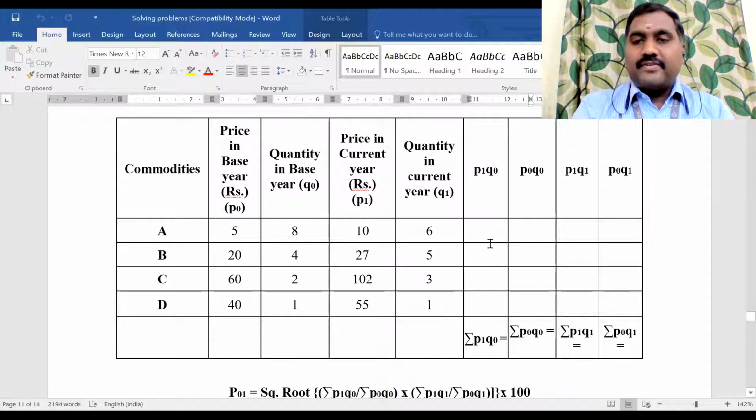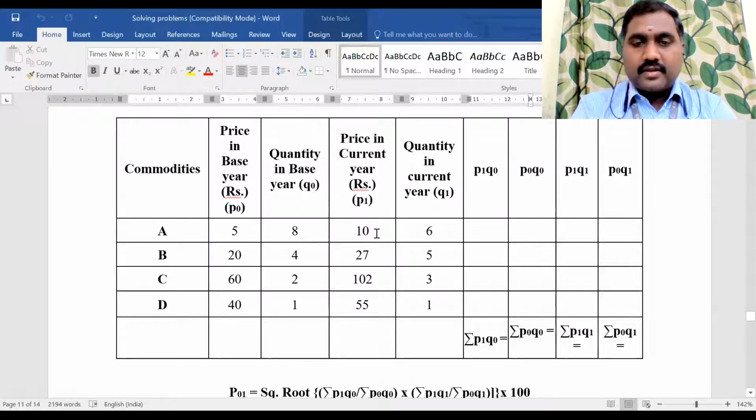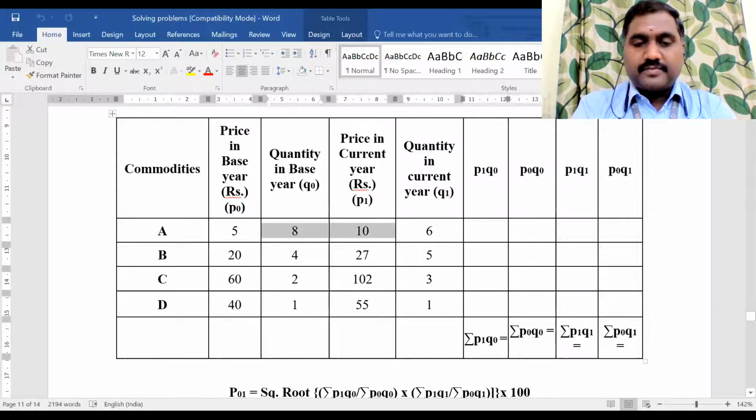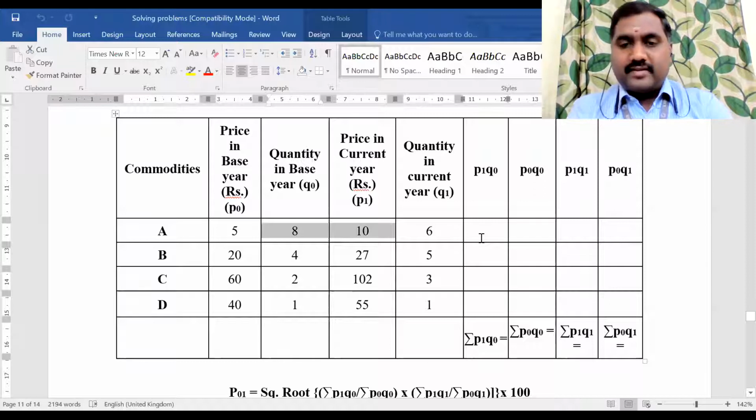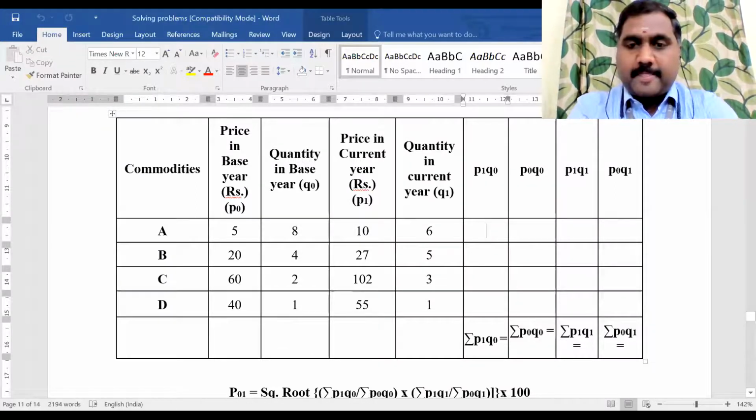Now first, what we have to find out is P1 Q0, right? So what is P1 Q0? See, this is P1, this is P1 Q0. Okay, fine. So 10 into 8 will be 80.